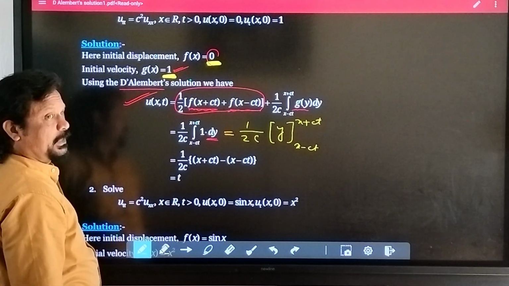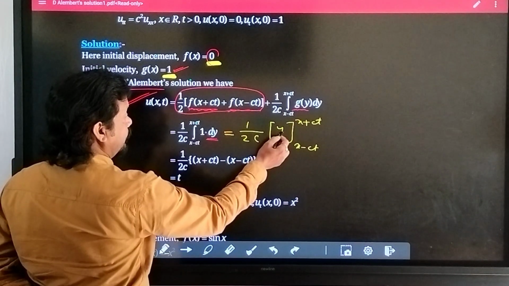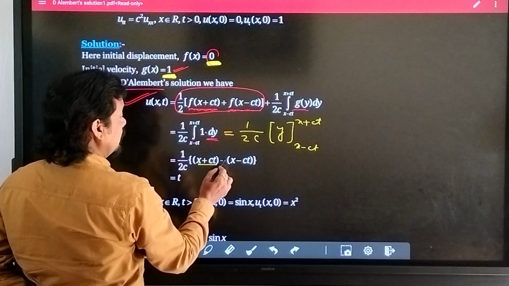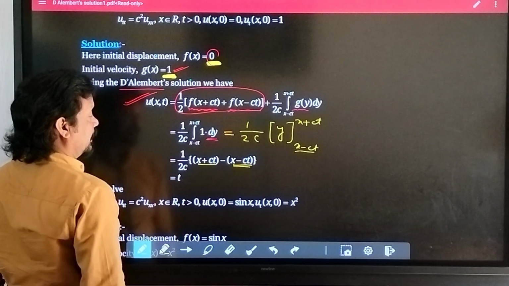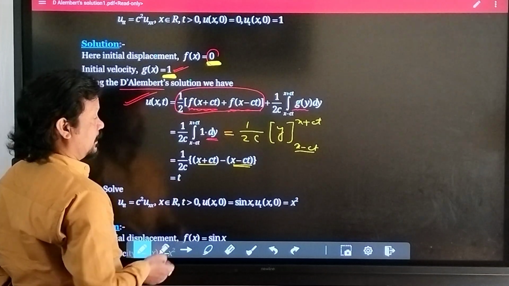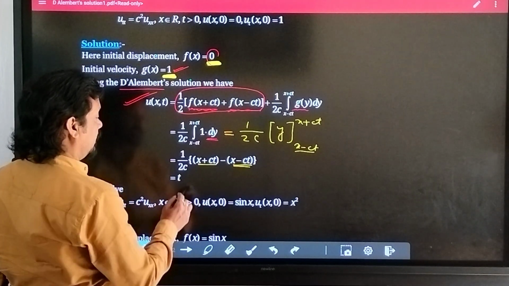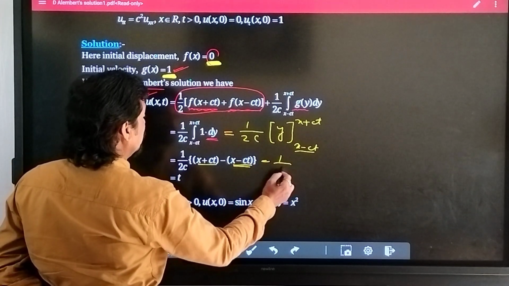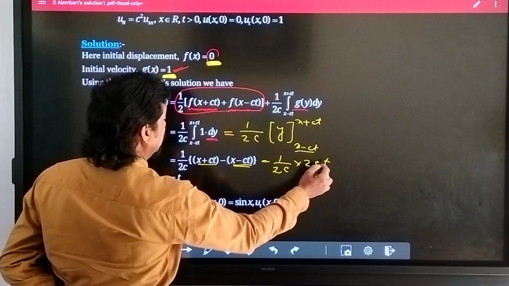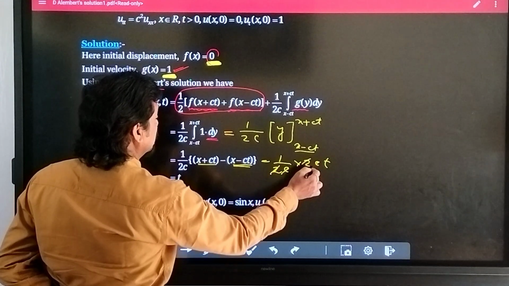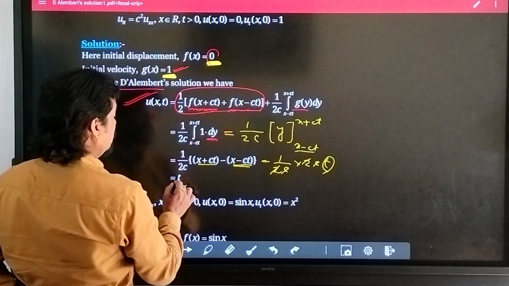Then upper limit minus lower limit: in place of y, I write x plus ct minus x minus ct. After opening the bracket, x minus x cancels out, ct plus ct is twice ct, so it becomes 1 by 2c into twice ct. The 2 cancels out, c cancels out, and t remains. So this is the answer.